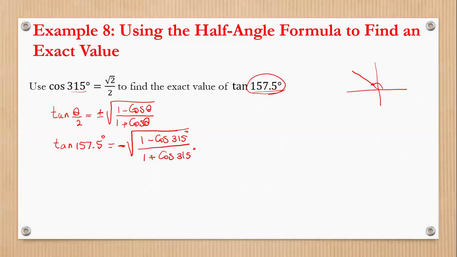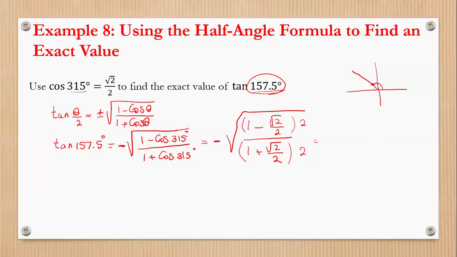Now I'm going to replace the numbers: 1 minus root 2 over 2, over 1 plus root 2 over 2. To simplify this expression, it's easier to multiply both the top and the bottom by 2, because if you do the same thing on top and bottom, it's okay, since you're not actually changing anything.